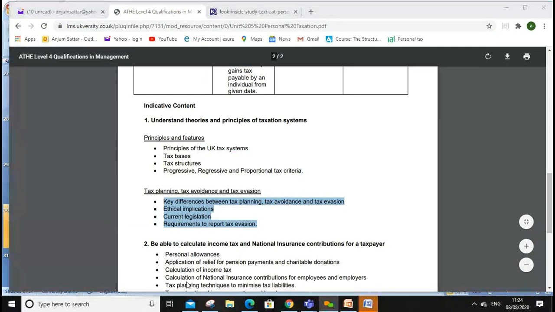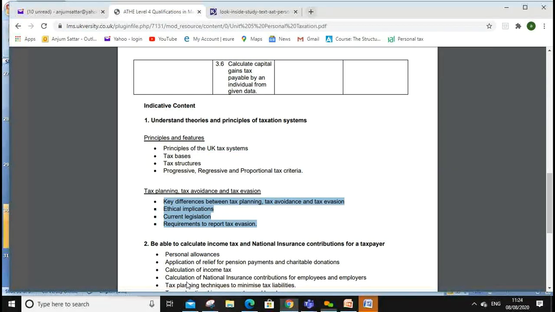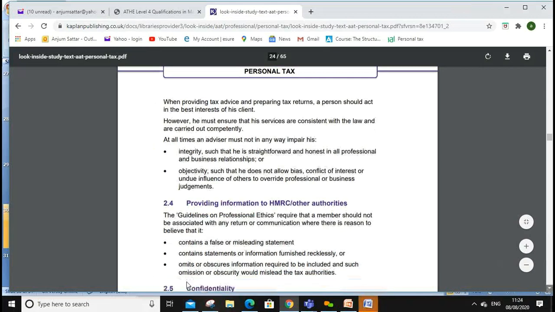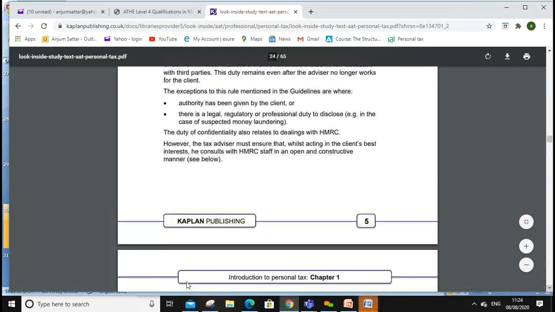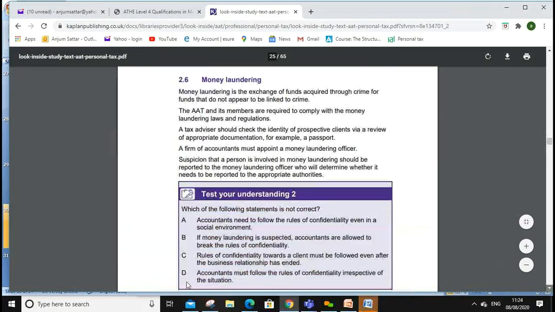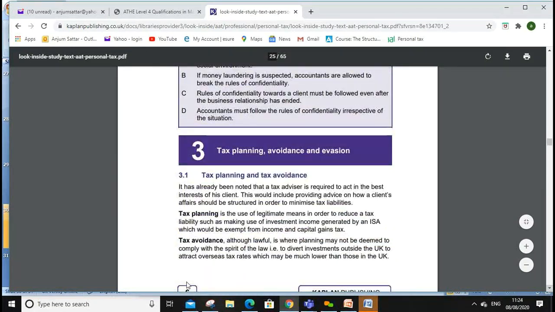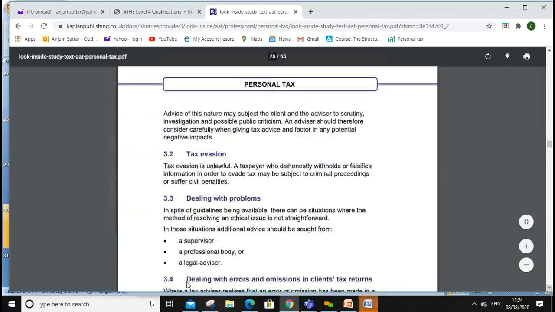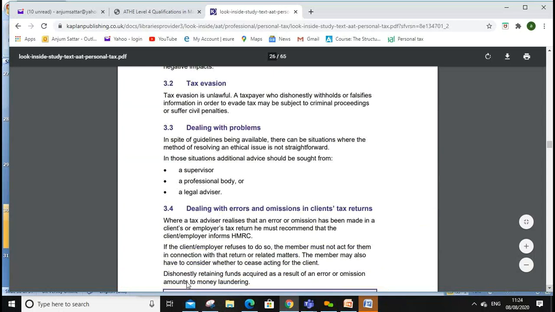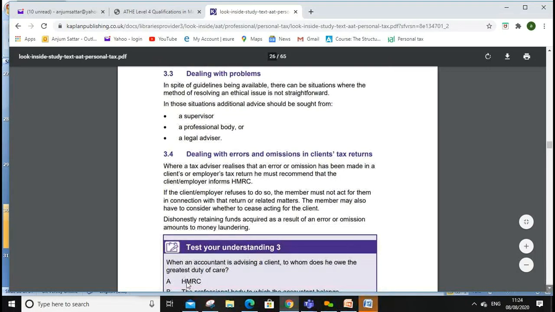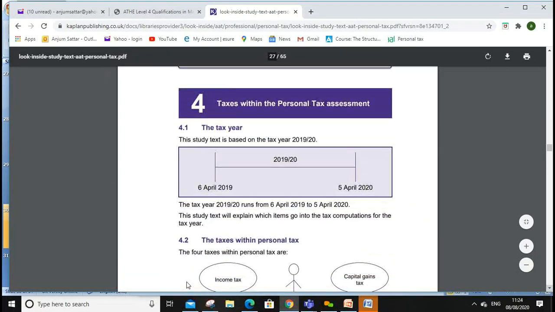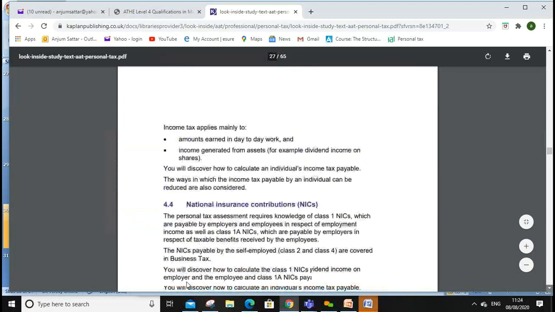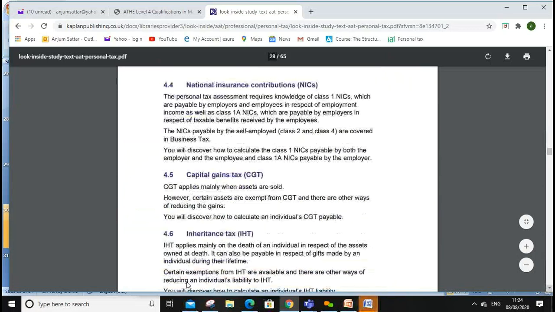Okay, for developing understanding about tax and the tax system, I copied the link for you, and please use this. This explains the whole thing: the tax system, confidentiality, money laundering, tax planning is legal, tax avoidance is unethical, and tax evasion is illegal.